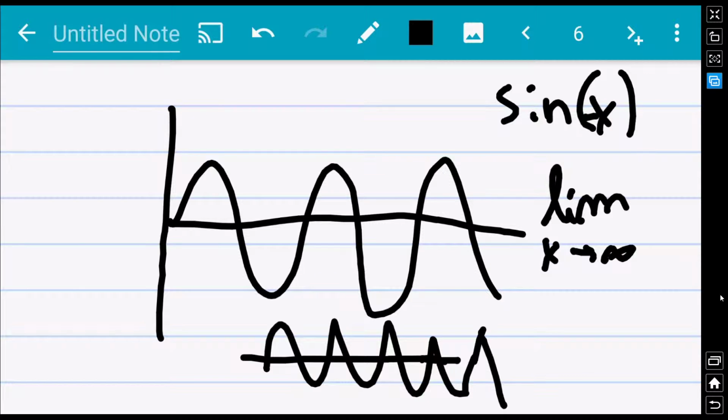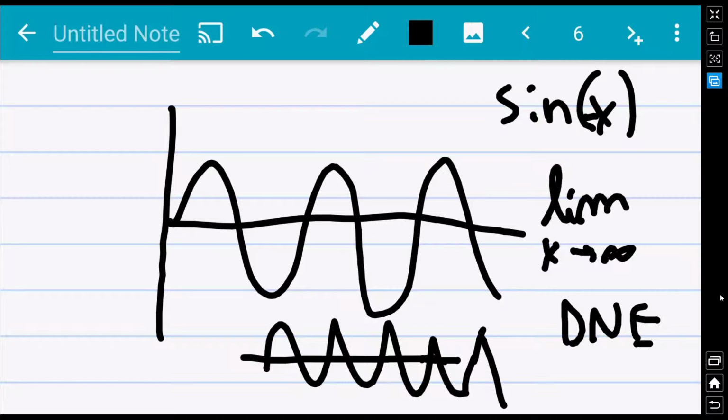So we say that the limit as x approaches infinity does not exist because there is no limit. It does not approach any one value. It always stays between the range of negative 1 and 1.